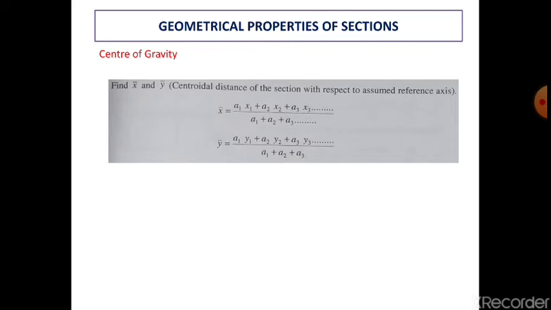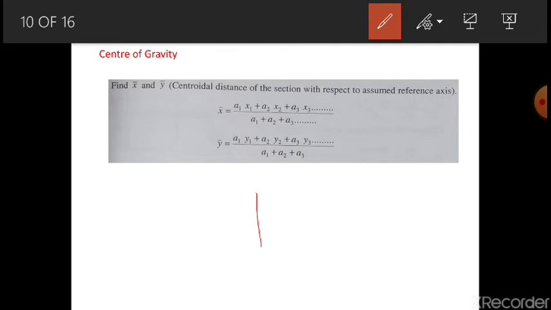If there is an object, and this is your x and y axis, now we want to find its exact centroidal distance.